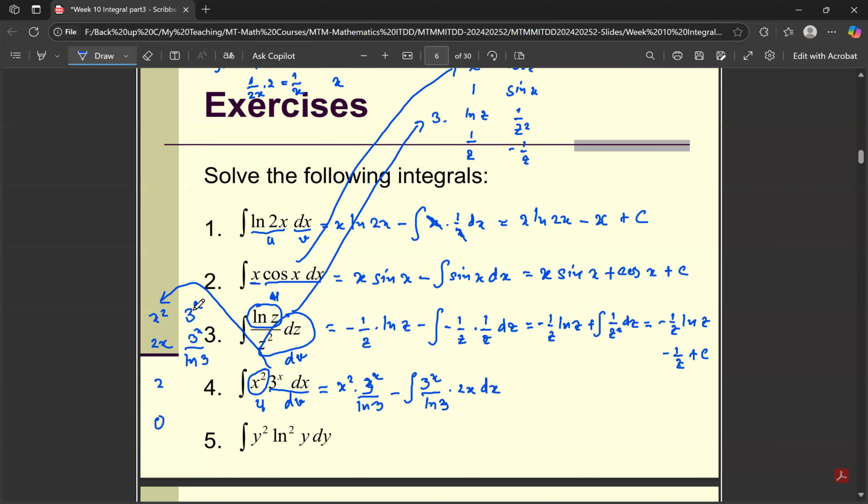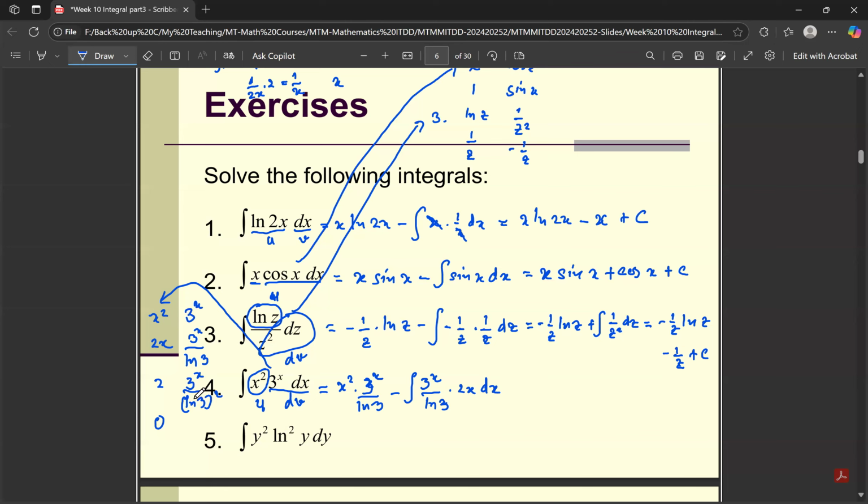In the other column, 3^x becomes 3^x divided by ln 3. Integrating again, we have 3^x divided by ln 3 squared.